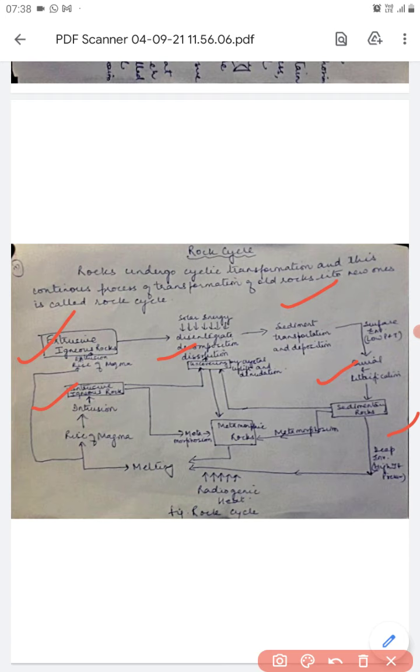Now the sedimentary rocks face the deep environmental processes, that is the high temperature and pressure.